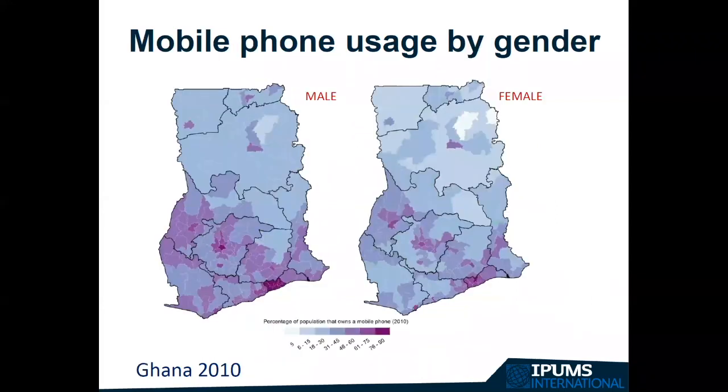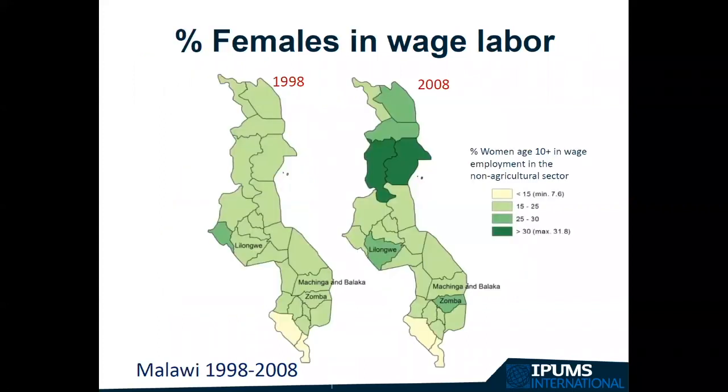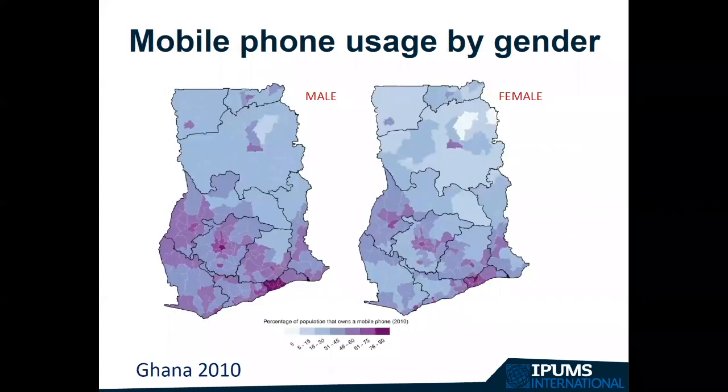In this next set of maps, I'm aggregating the data to the second level of geography, districts in Ghana, to study the difference in mobile phone usage by gender. What is an important distinction between the two sets of maps is that for the Malawi map, I'm studying two census samples, 1998 to 2008, so I'm studying change through time, while in the Ghana map, I'm looking only at one single census.